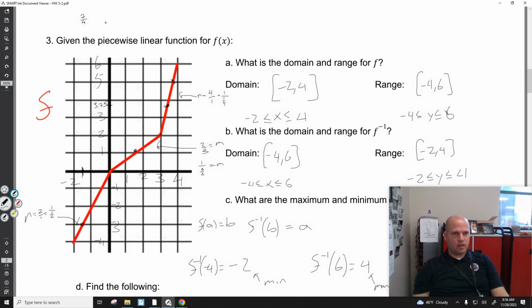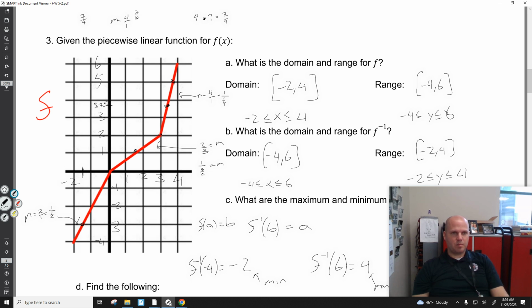My slope of that line is 4. I want to change that to 7/4 to figure out how much I'm moving over. 4 times what is 7/4? 7/16.